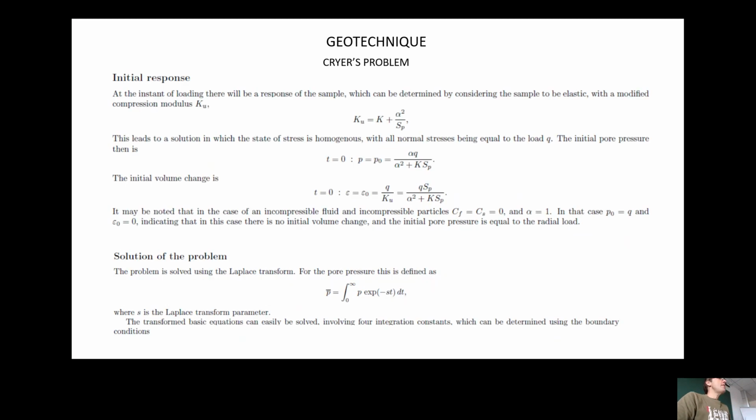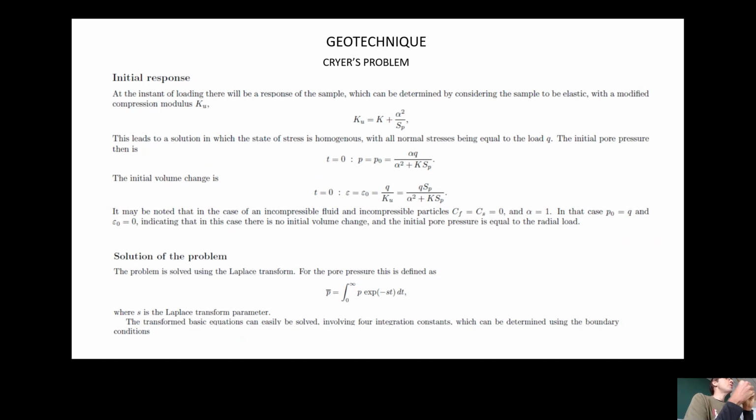In the initial response, at the initial moment of the loading, there will be a response of the sample, which can be determined by considering the sample to be elastic with a modified compression modulus Ku, as we said, which defines the solution.